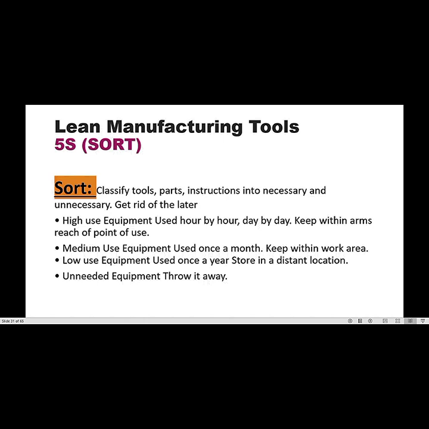So classification is very important between necessary items and unnecessary items. For equipment, high-use equipment, used hour by hour, day by day, is kept within arm's reach of the point of use. Second, medium-use equipment, used once a month, is kept within the work area.